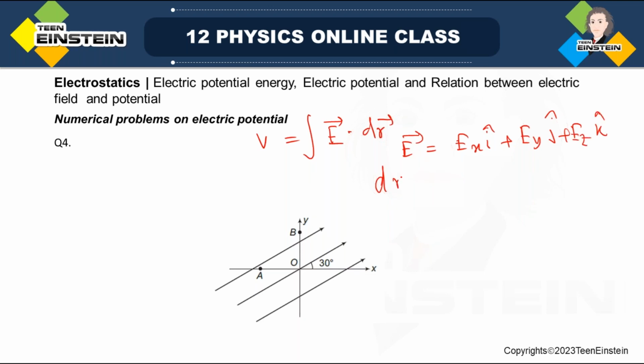And you have to write dr also in terms of components. So i dx plus j dy plus k dz. So like that we have to do and find the value of potential.